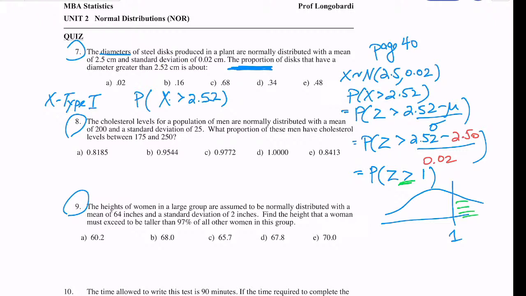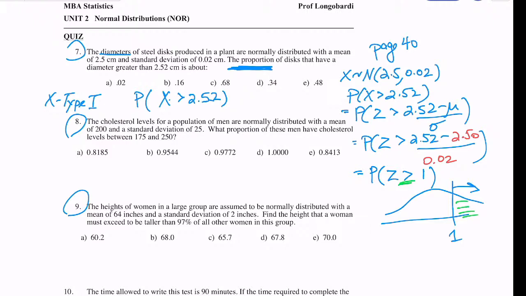So 2.52 is 1 standard deviation from the mean, so you're basically finding out the chance of being more than 1 standard deviation from the mean. And we know that, right? We did this calculation before. It's going to be like 16%, remember? Because it was 68 in the middle, 32 outside, divided by 2.